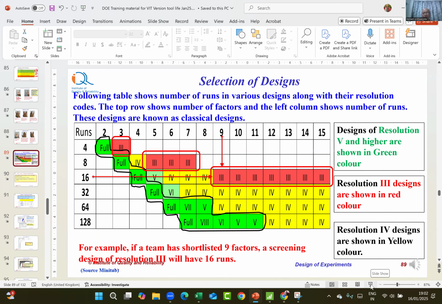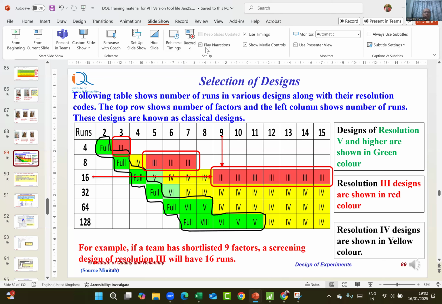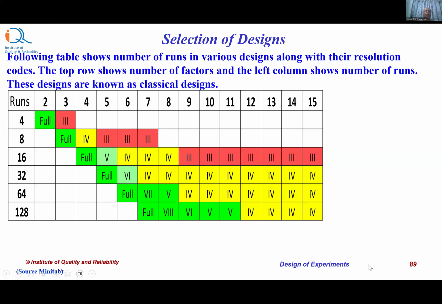Okay, the following table shows the number of runs in various designs according to their resolution code. The top row shows the number of factors and the left column shows the number of runs. So 2 factor, 3 factor, 4 factor, etc.